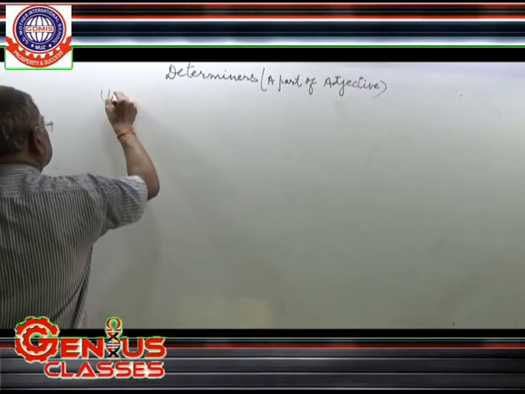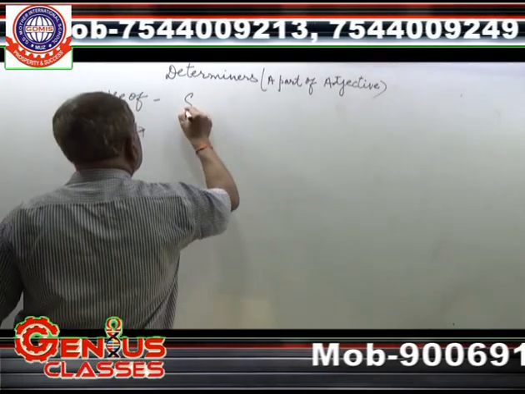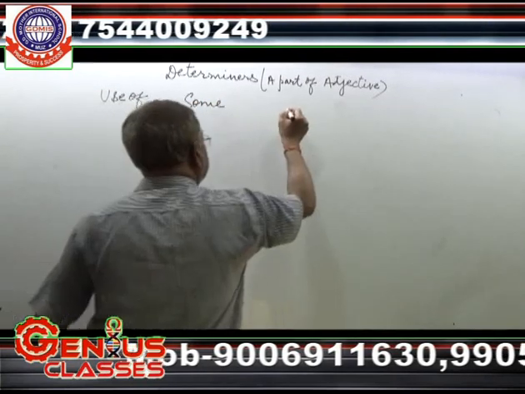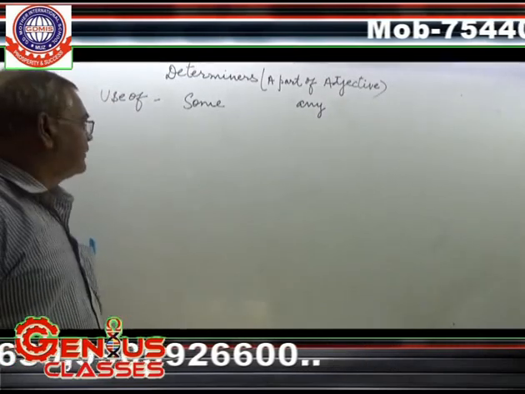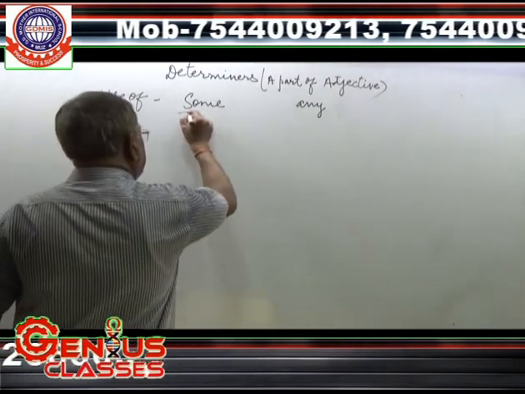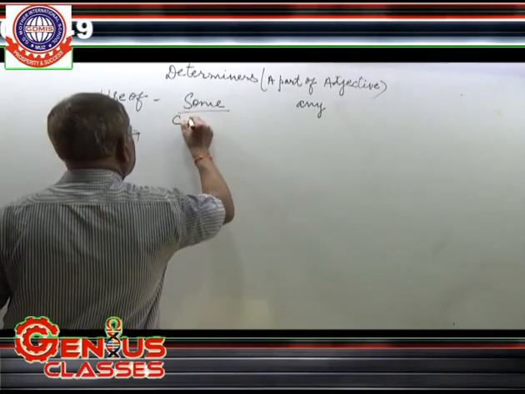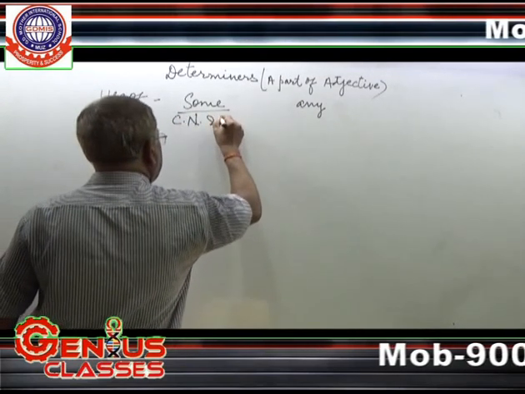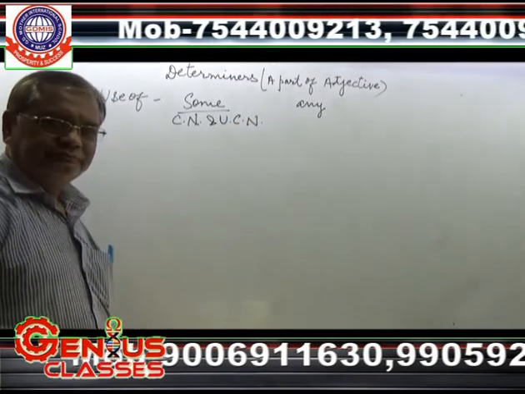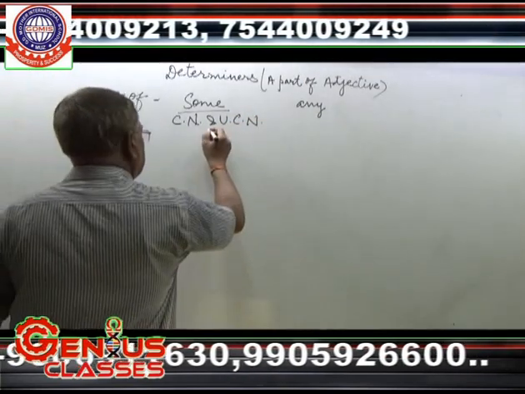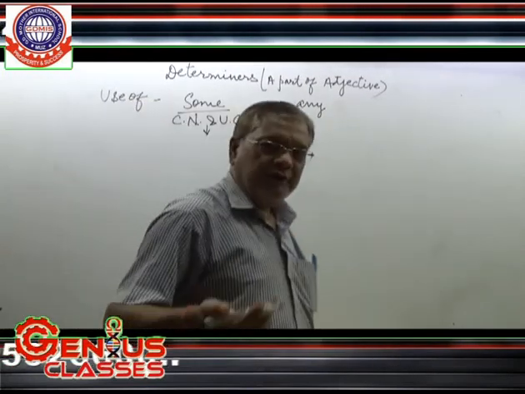That is, use of some. So some is used for countable nouns and uncountable nouns also. And in which kind of sentence can we use the word some?